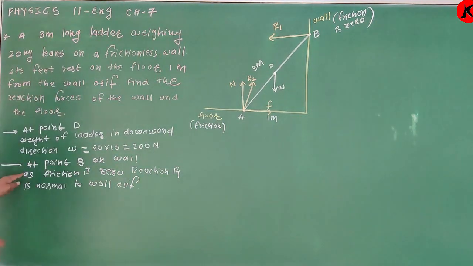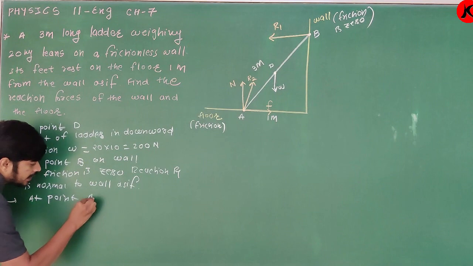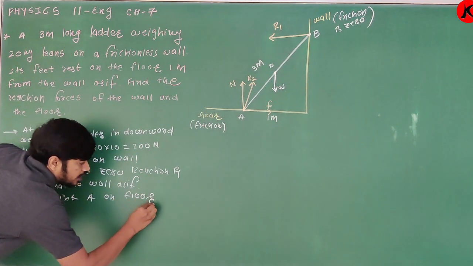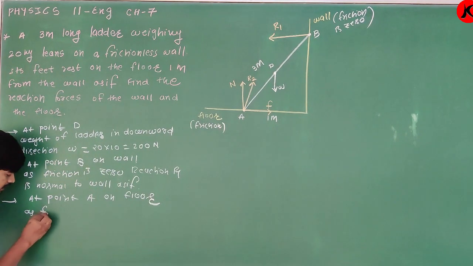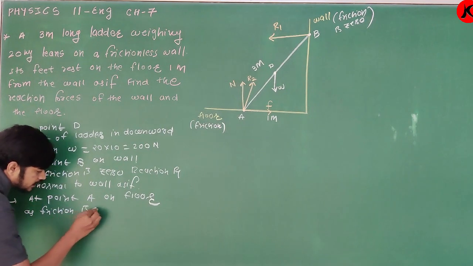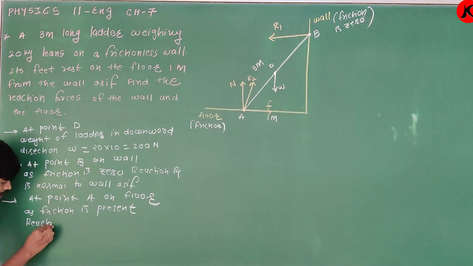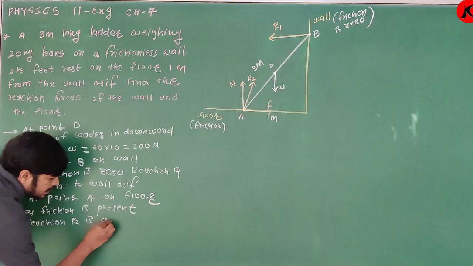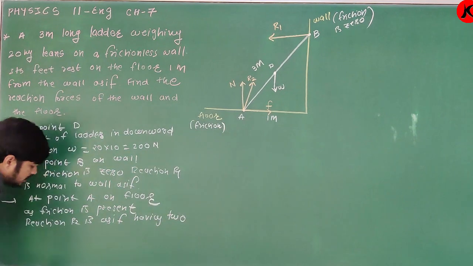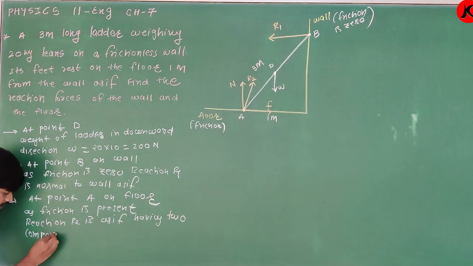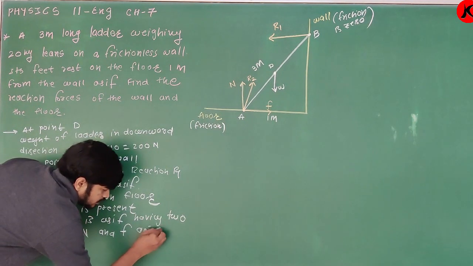Okay. Now at point A, we will write: at point A on the floor, as friction is present, reaction R2 is as shown in figure, having two components, N and F, as shown in figure.